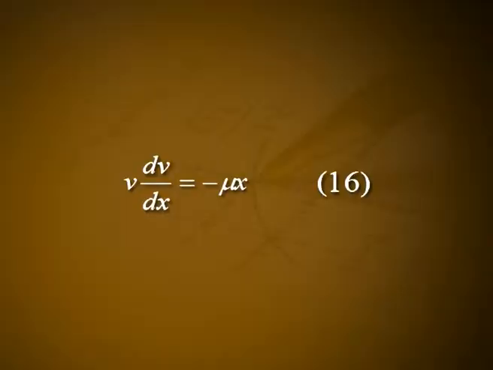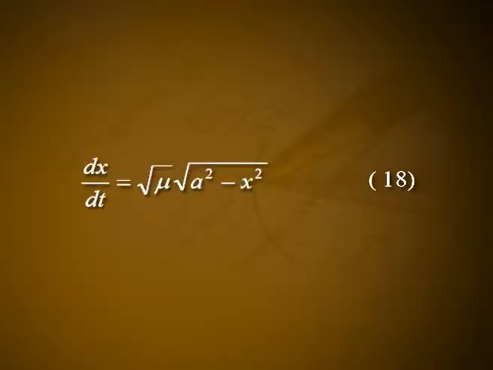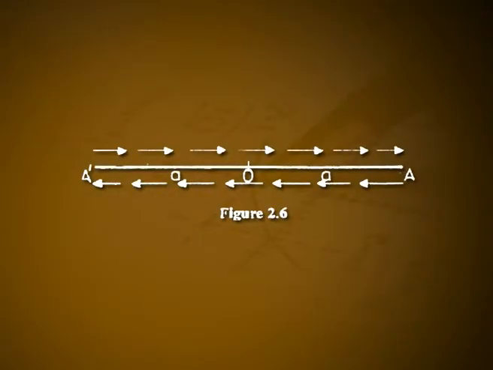This gives dx/dt is equal to -√μ √(a² - x²). We take the negative sign since velocity increases as x decreases.